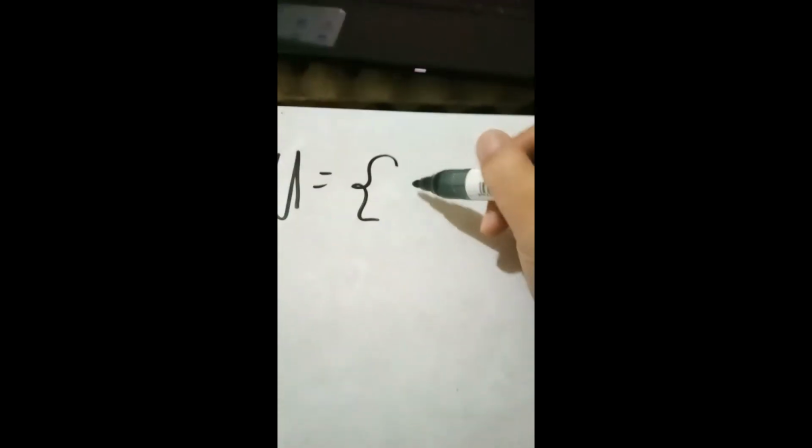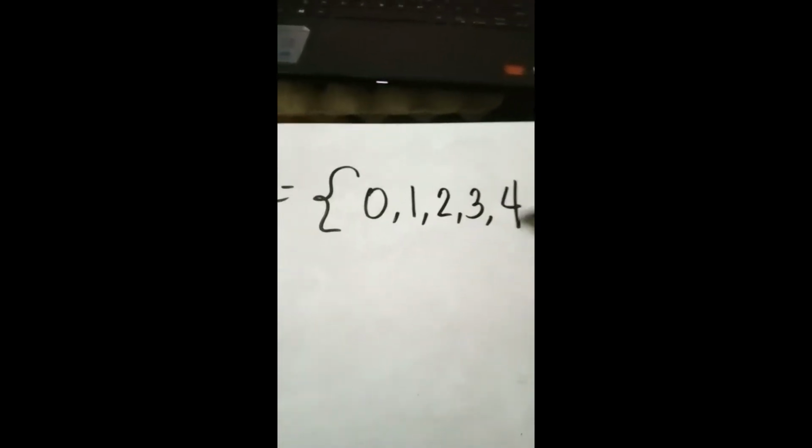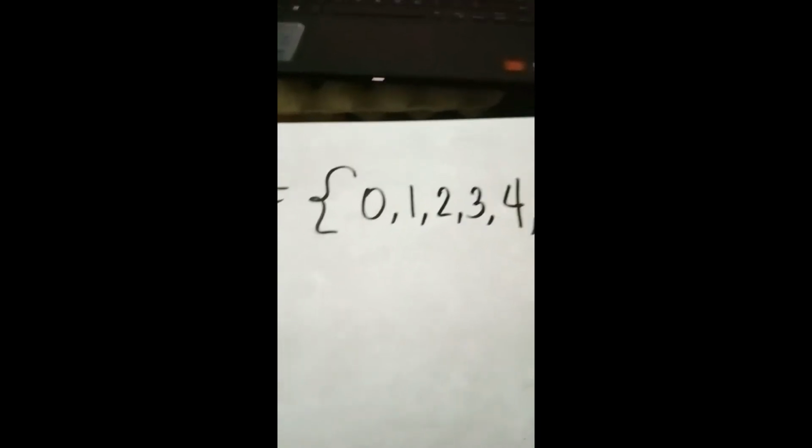Okay, so your universal set, the set of whole numbers less than 10. What are whole numbers? These are numbers that are exact. Okay, so 0 is a whole number. Okay, 1, 2, 3, 4, 5, 6, 7, 8, and then 9.